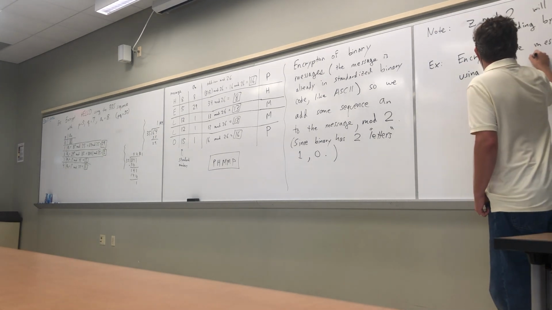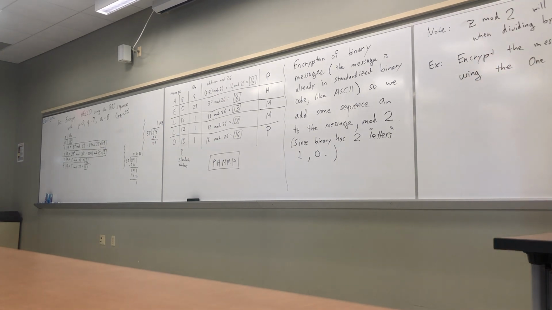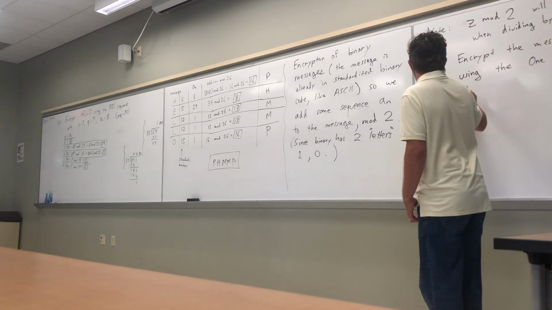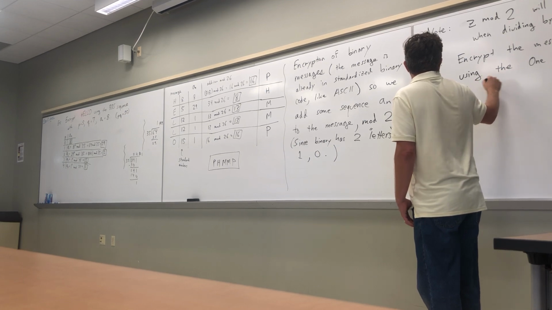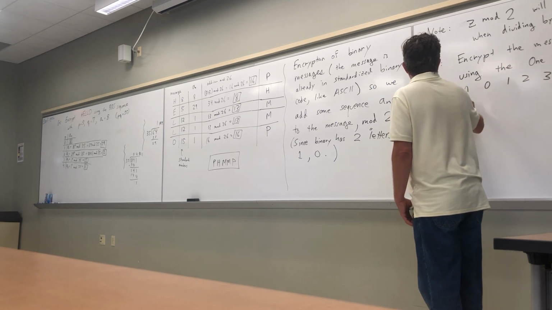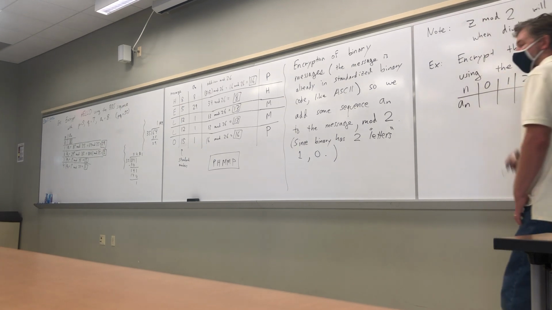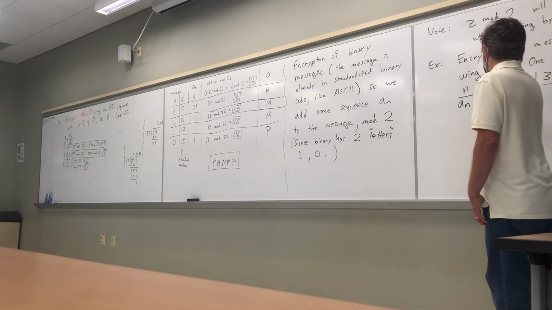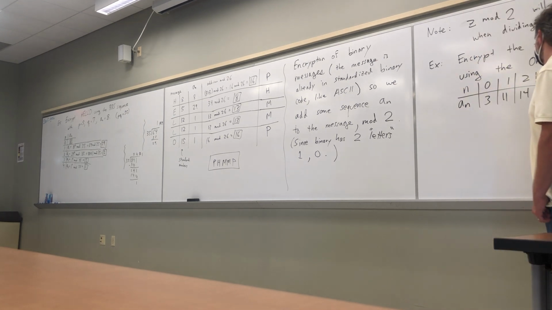It's using the one-time pad. And the one-time pad is n equals 0, 1, 2, 3. A sub n is 4 random numbers, which I'm getting from mental dice. 3, 11, 14, 7.